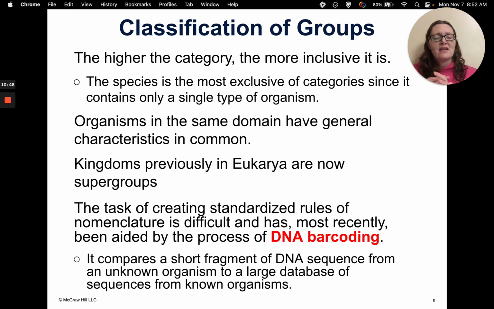So the other thing to remember with this classification is it's changing all the time. In science, some things stay the same for a very long time. Classification is not one of those. Classification is changing all the time. There's so much debate, and part of it is now that we can look at the genetic and the DNA level, we're discovering more and more new things. A great example is the red panda.